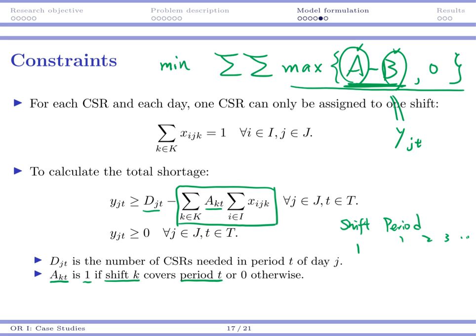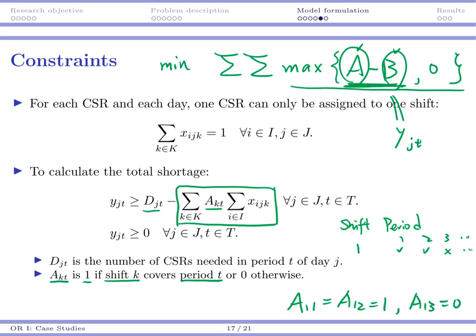Suppose shift 1 covers period 1, period 2, and then an hour of lunch break, and so on. We will say A11 and A12 are 1, and A13 would be 0.